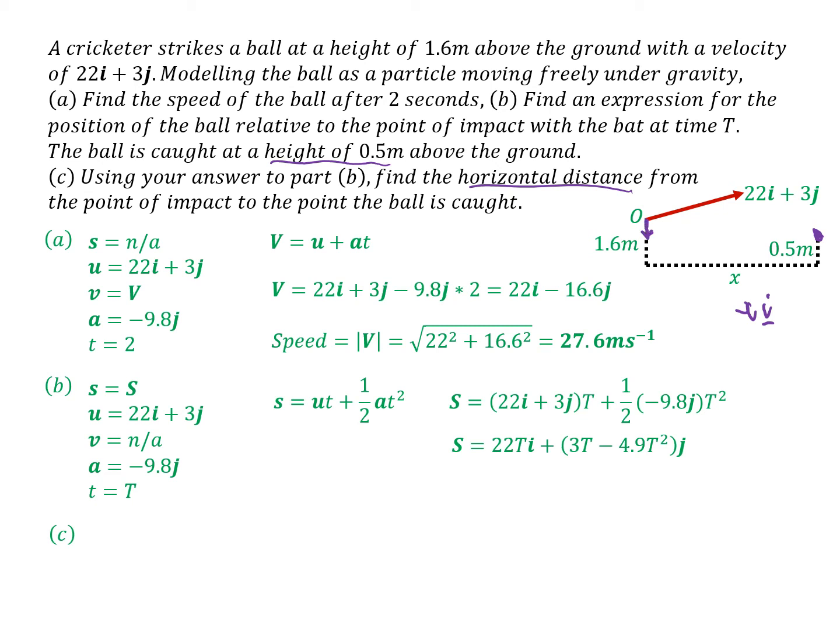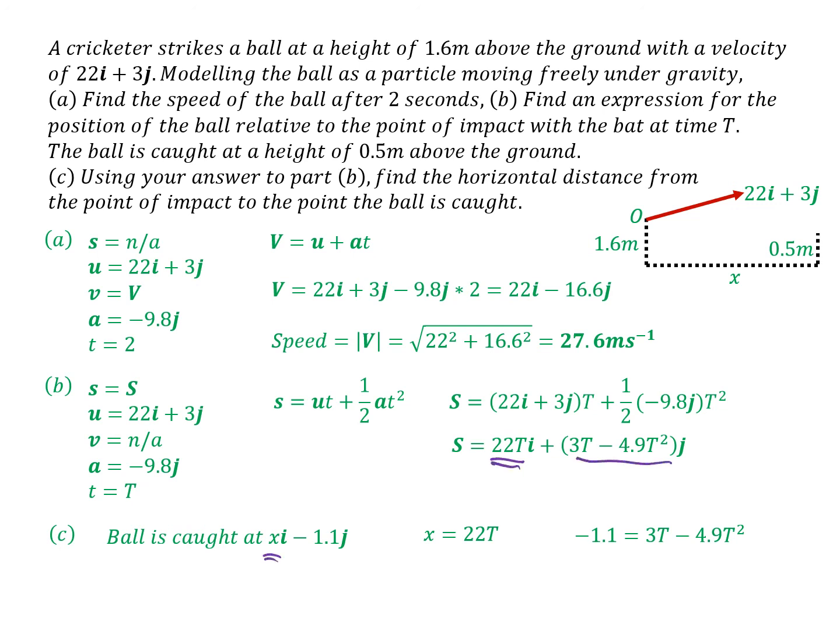It's going to be 1.1 meters lower than it was when it was struck. So that means that the ball is caught relative to the point of impact at the position vector xi minus 1.1j. So that means that this is x and this is minus 1.1.